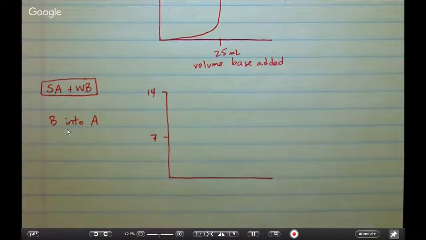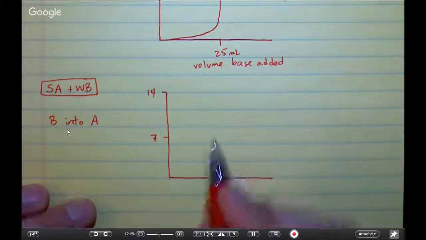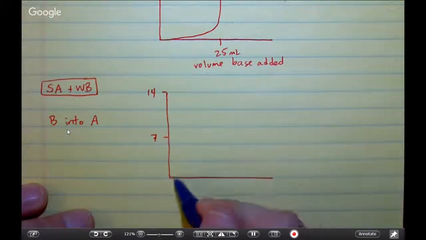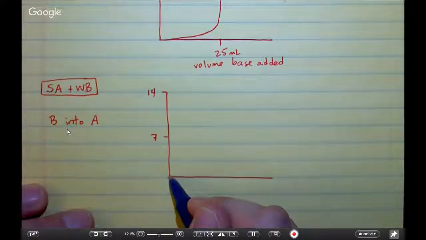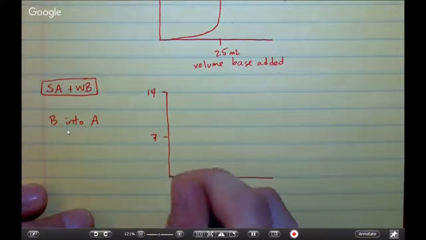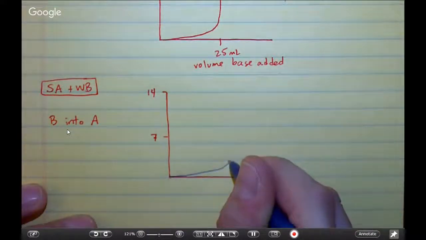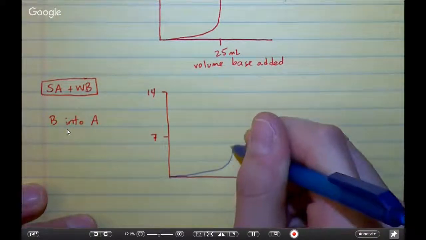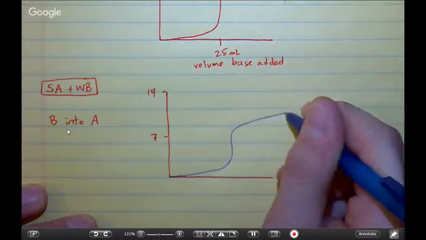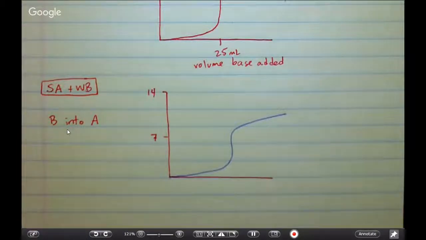And because we're starting at a strong acid, we are going to be starting down at a pH of 0. And we end up with something like this. Okay.